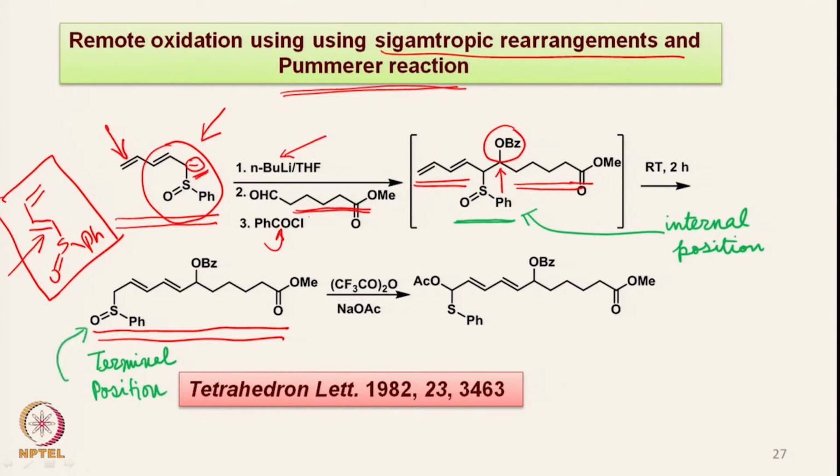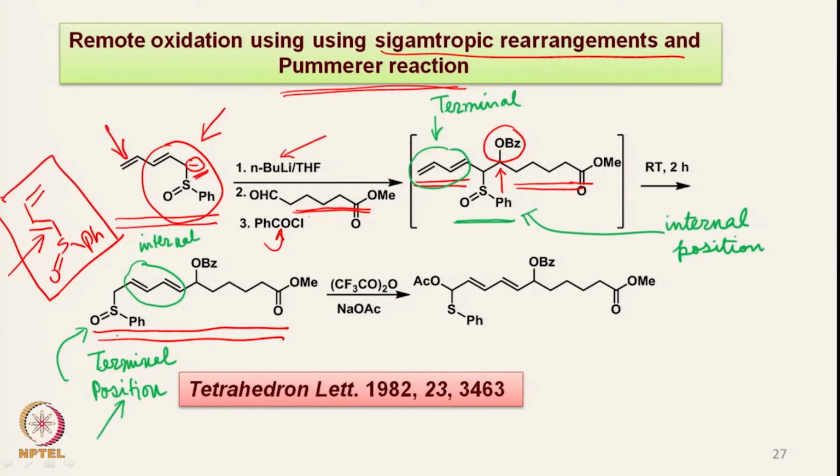So obviously the diene part has moved into the internal position, and here it was on the terminal position. So the terminal diene has become an internal diene, and the internal sulfoxide has become a terminal sulfoxide.